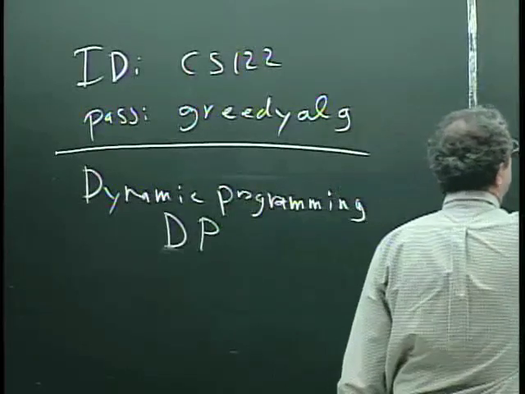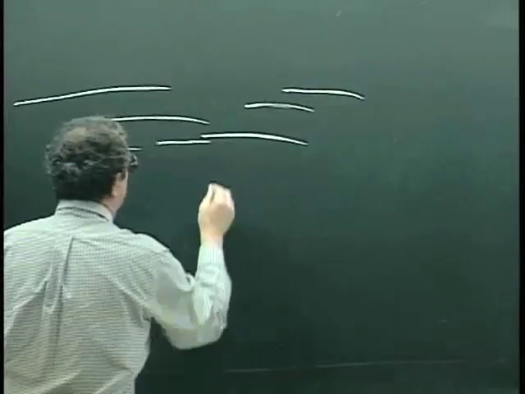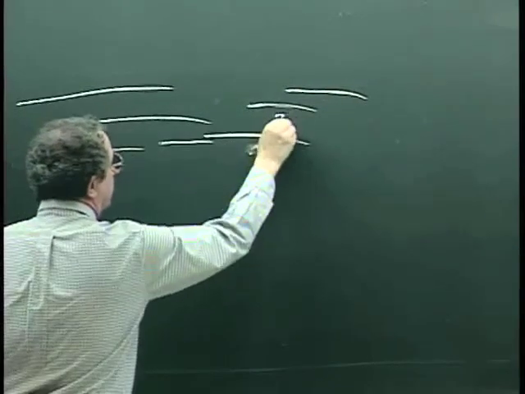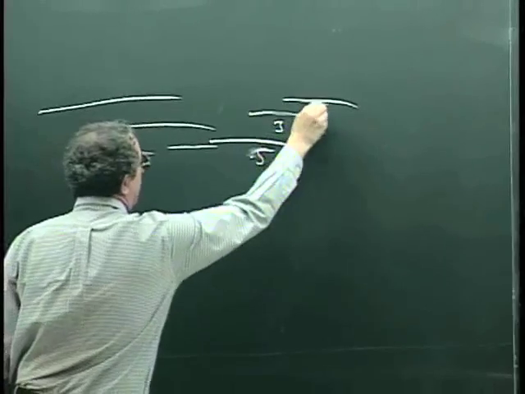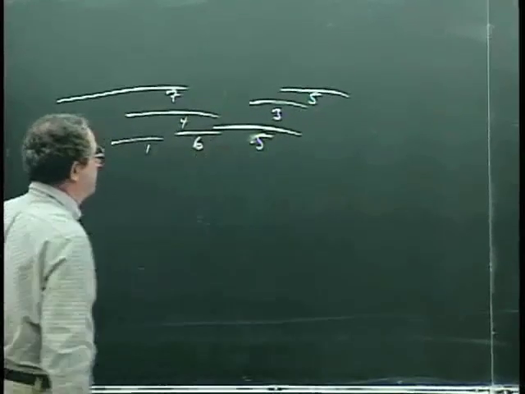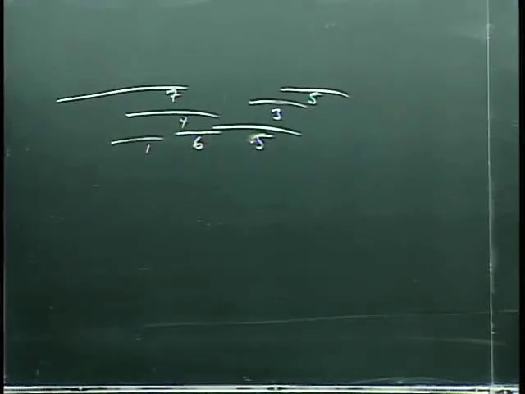So now imagine you have a set of intervals, and each interval has some weight associated with it, some number. This is 5, 3, 5, 4, 7, 1, 6, whatever. These are values or weights, costs, whatever you like to interpret them to be.